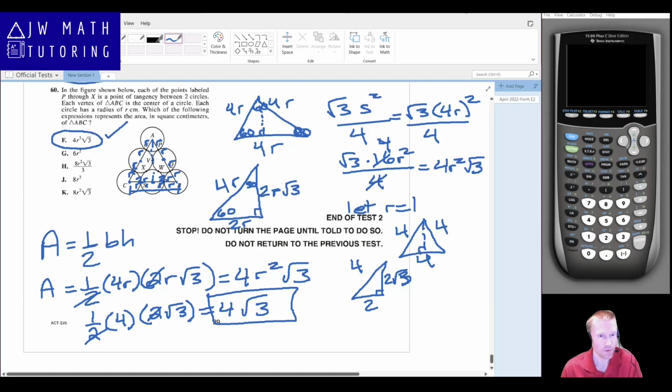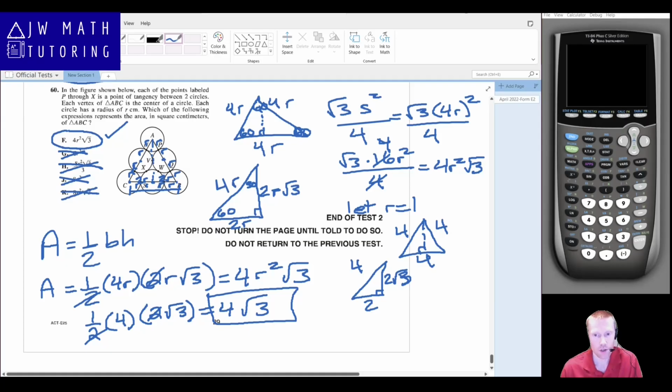For G, if you plug in 1 for r, it's going to be 6 times 1, which is 6. So that is not 4 root 3. For H, it is 8 times r squared, or 1. So 8 root 3 over 3. That is not 4 root 3. For J, it's 8 times 1, which is 8. That is not 4 root 3. And for K, it's just 8 times 1 times root 3, or 8 root 3.